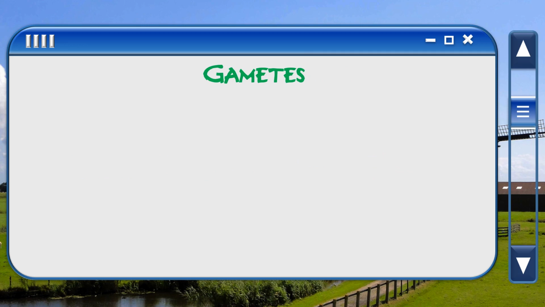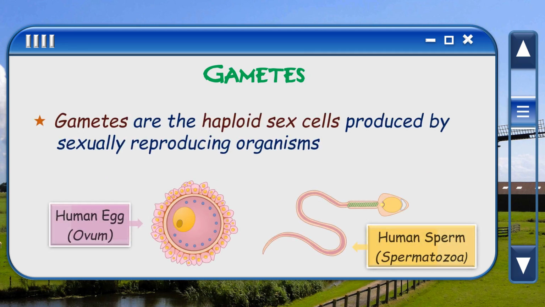Let's now look at the gamete. Gametes are haploid sex cells produced by sexually reproducing organisms. We are saying they are haploid cells, cells which have half the number of the total chromosomes of a somatic cell.